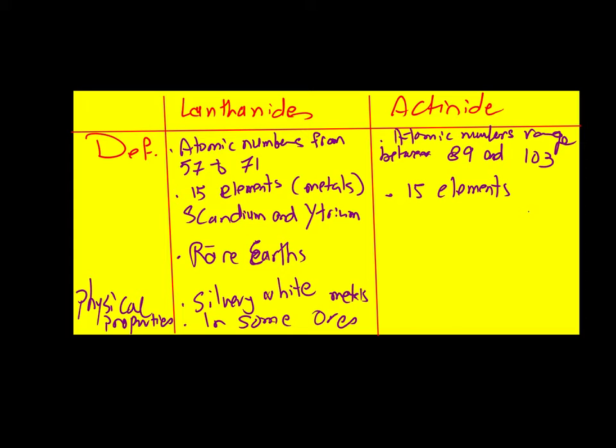So remember the difference between lanthanides and actinides. They are named after the first element in the series. The first element in the series is actinium, so they are called actinides. In the same way, lanthanides are named after the first element in the series, which is lanthanum. So we call the whole group lanthanides.